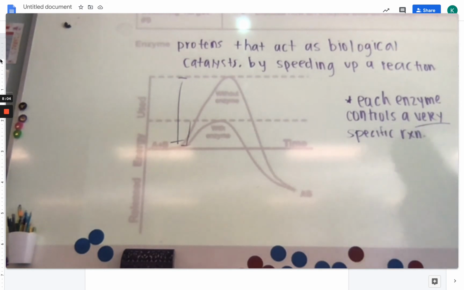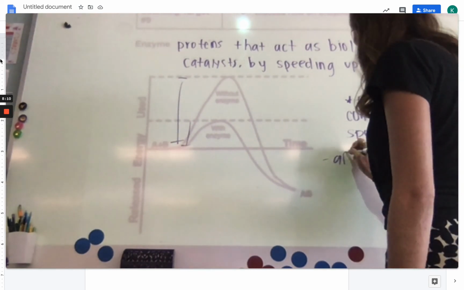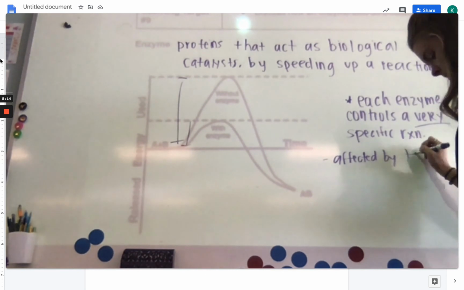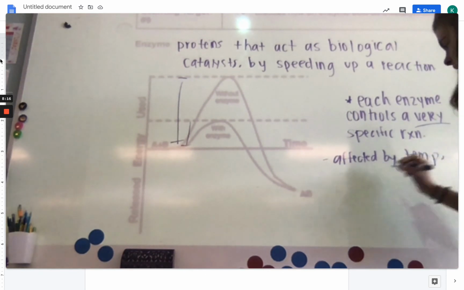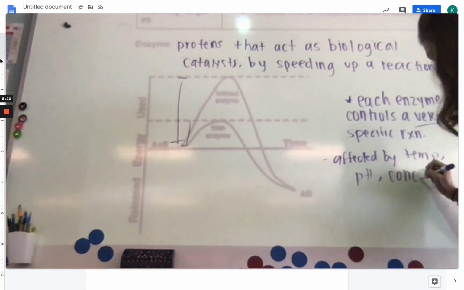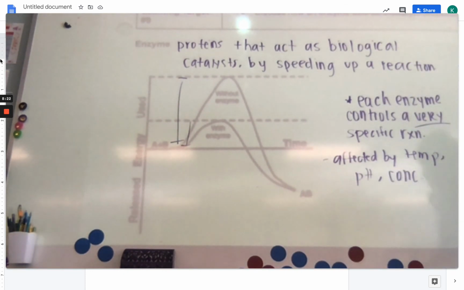And they're affected by temperature, pH, concentration, and all sorts of things. So enzymes are very particular, and they need to have all of these things in a certain threshold in order to work.